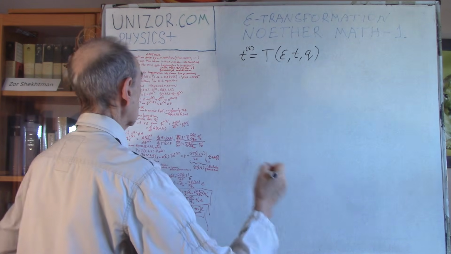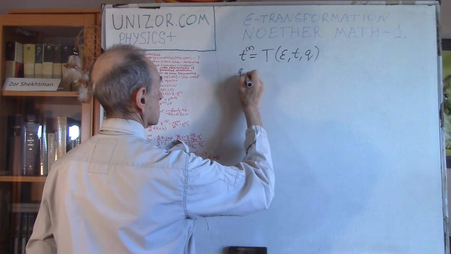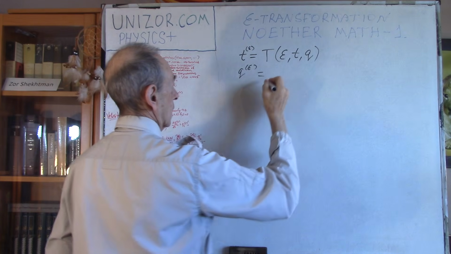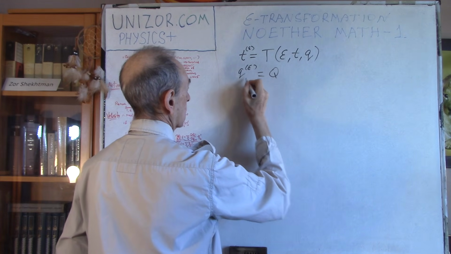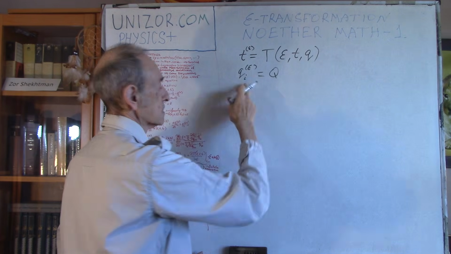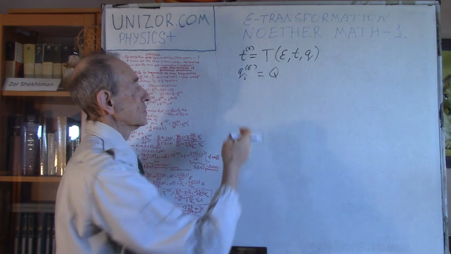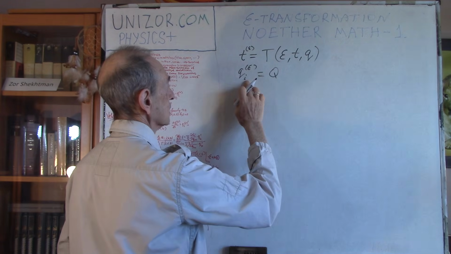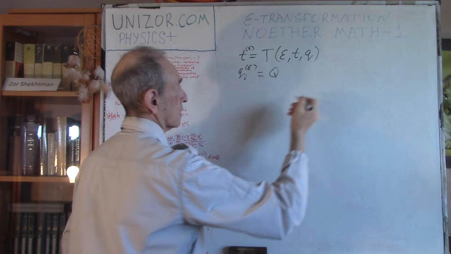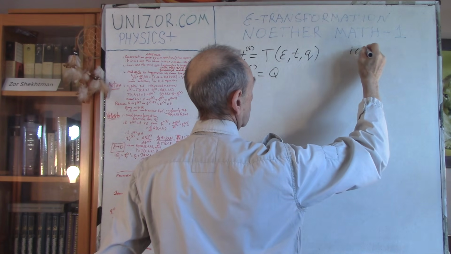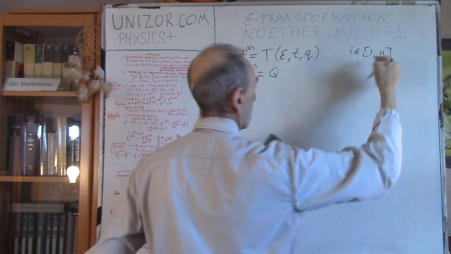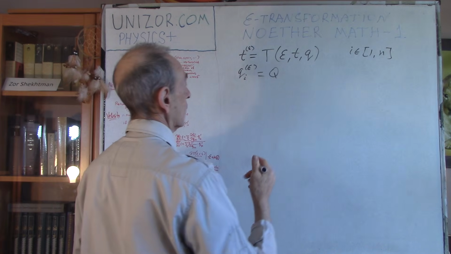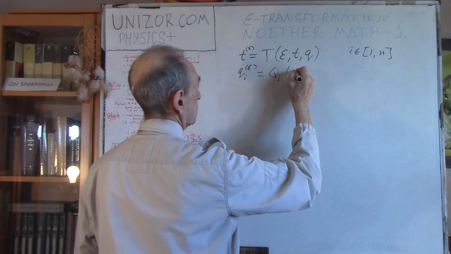Now, similarly, we can represent our coordinates as a function, and I will write these as generalized coordinates. It's basically n different numerical parameters, so I'll put index i, which changes from 1 to n, where n is the number of degrees of freedom of our system. So that's also a function.